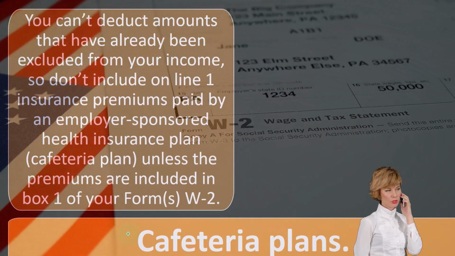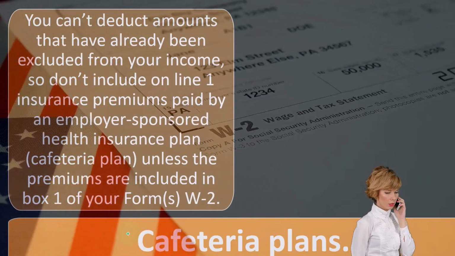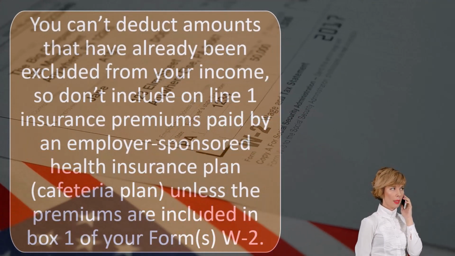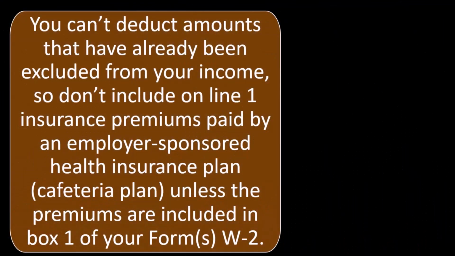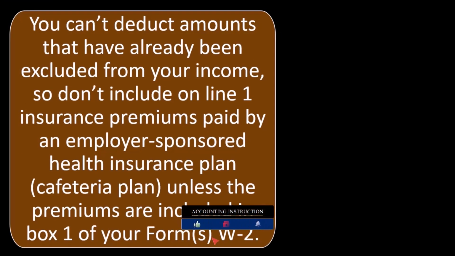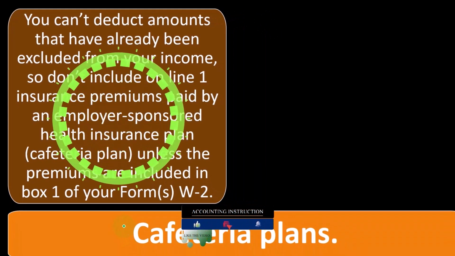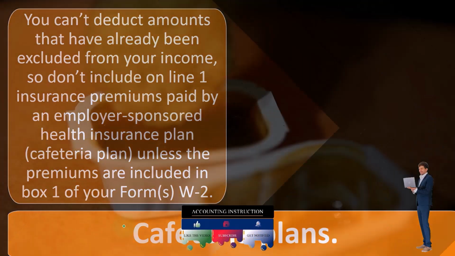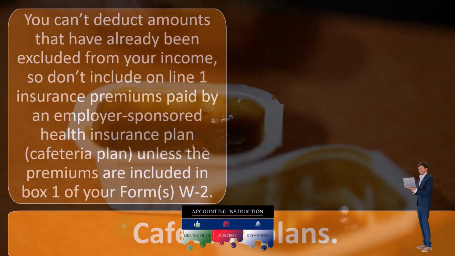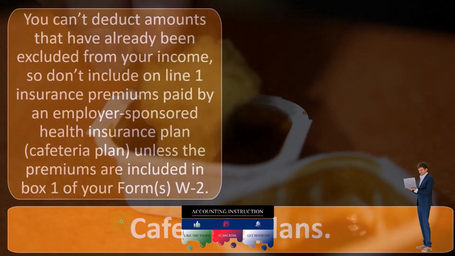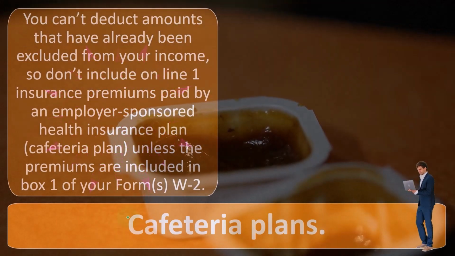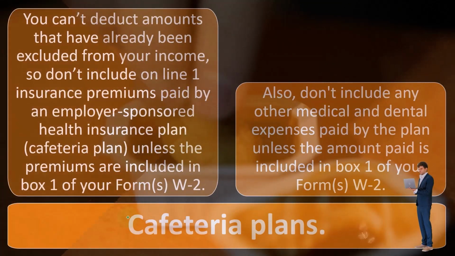And if you get a benefit from your work for putting money into the health insurance plan, that doesn't have to be included in line 1, meaning it's already been reduced from box 1 of your W-2, then if you were to deduct it again on Schedule A, you'd be once again double dipping because it's already been taken care of by the employer when they filled out the W-2 and reduced it from box 1, so it never really was included in income on the Form 1040.